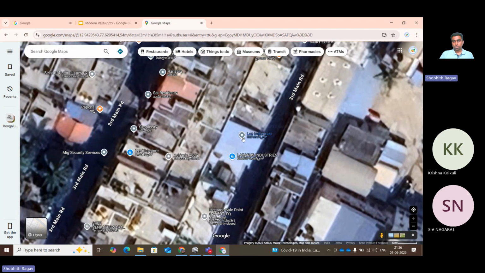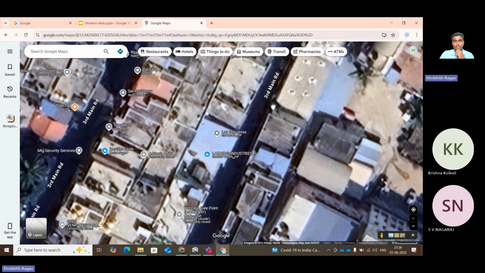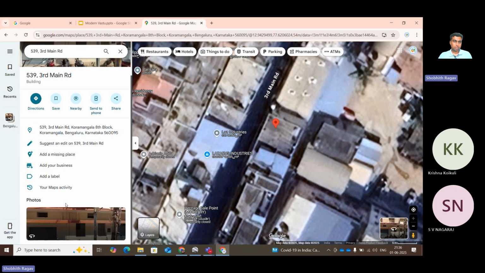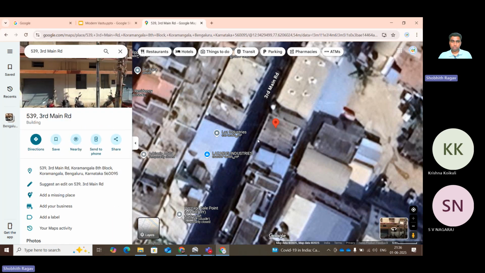Okay, so if you look at this now, the vertical is north. So that means this building would have got tilted at least by 20-25 degrees, right? Approximately. This line from the vertical, there is at least a 20-degree tilt. Generally, if this is your house, take the coordinates from Google Maps.